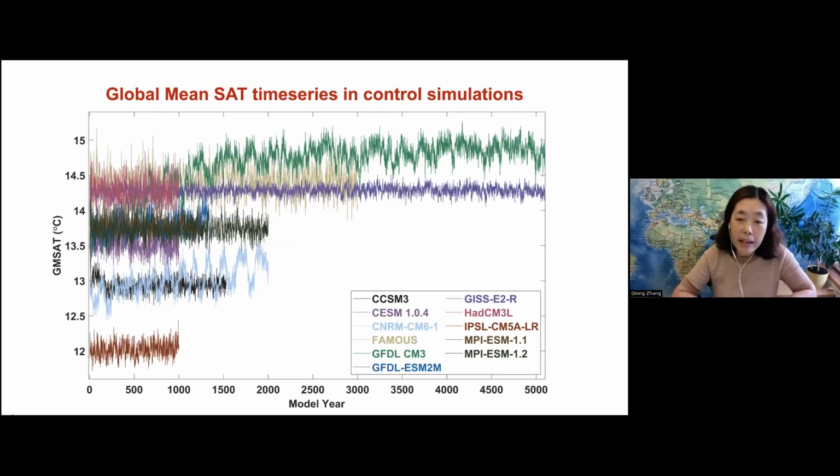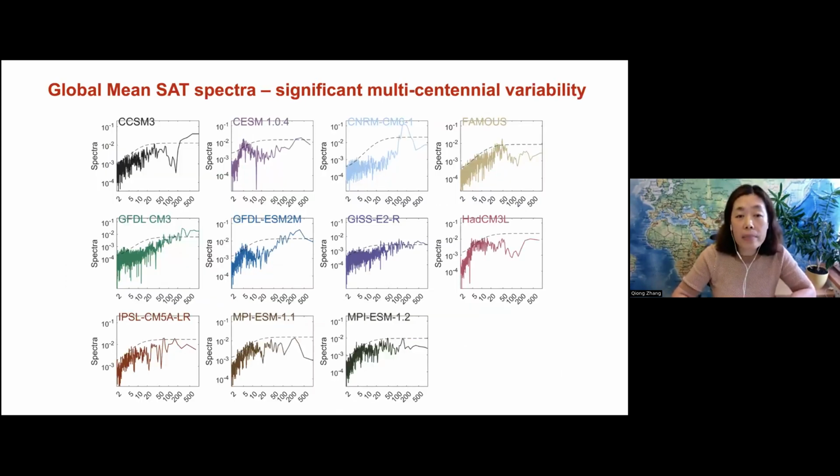We see the same thing: some models also show very strong multi-centennial variability, especially the very long ones. Of course, different models have different behavior, but all have this up and down, this centennial to multi-centennial variability. And if we look at the spectrum, it also exceeds the significance test. It is significant multi-centennial variability in all these control runs.